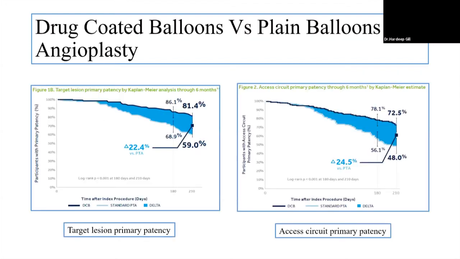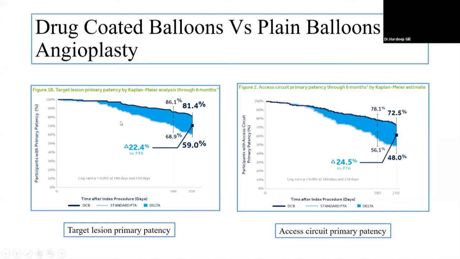Now, the balloons I talked about are plain balloons, and they are actually high pressure balloons. There are drug-coated balloons as well. Now, the advantage of drug-coated balloons: they are coated with a drug called paclitaxel, which reduces smooth muscle proliferation within the stenosis.